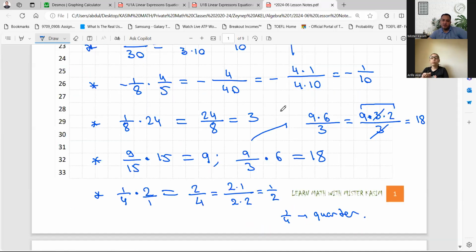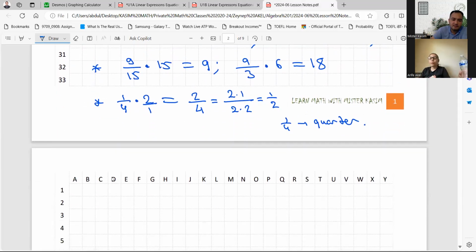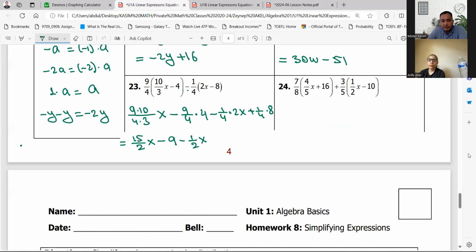And the last part is, Zeynep, what is 1/4 of 8? 1/4 times 8 equals what? 8/4, which is equal to 2. That's right. So as you see here, 1/4 of 8 is equal to plus 2.